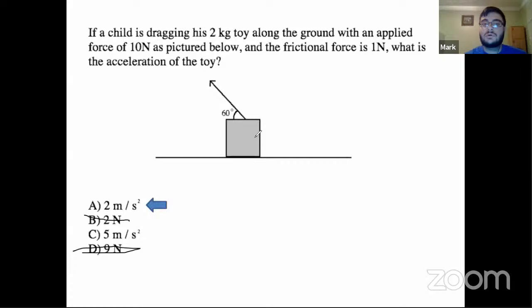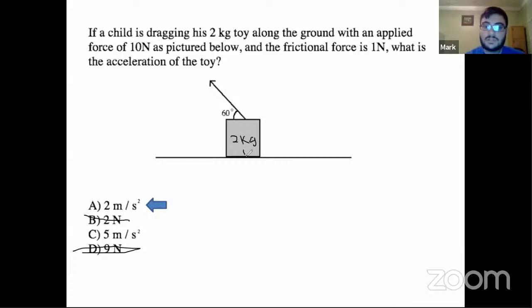Okay, so we know that the mass of this, weight is different from mass, is 2 kilograms. I don't know if I stressed this yet, but the first step to solving any force problem is always to make a force diagram.